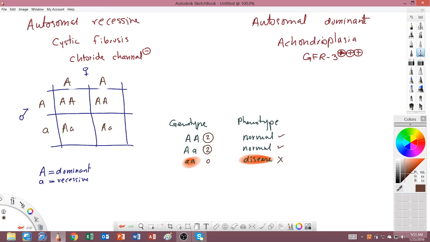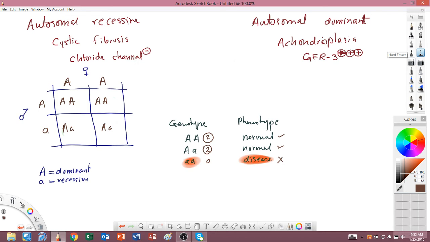Phenotypically, they're all normal, because the only way you can have a disease is if you have two small a's. Is there any possibility of having two small a's? No, not with these two parents. So that's one type. There are 4 possibilities.